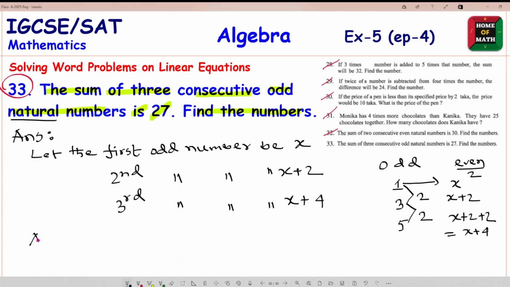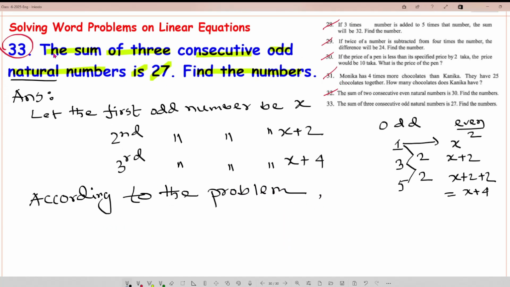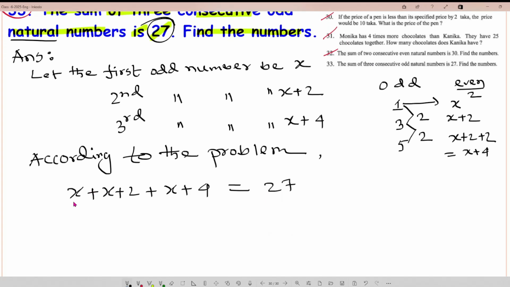Now according to the problem, the sum of 3 consecutive odd numbers: first number plus second number plus third number, and the result will be 27. Now here we have x, x, x, which is 3x, plus 2 plus 4 is 6, equals 27.